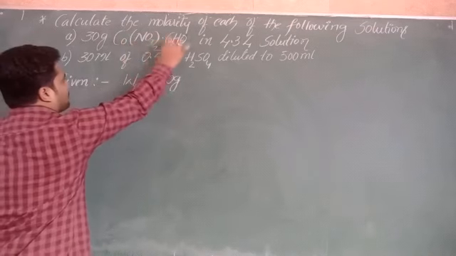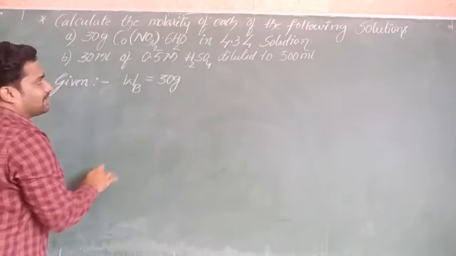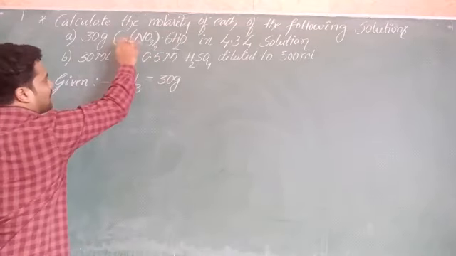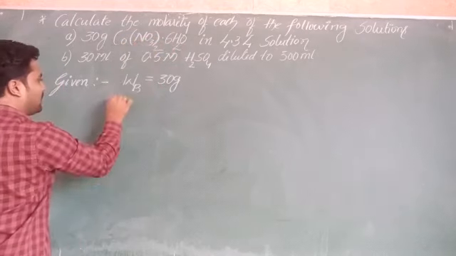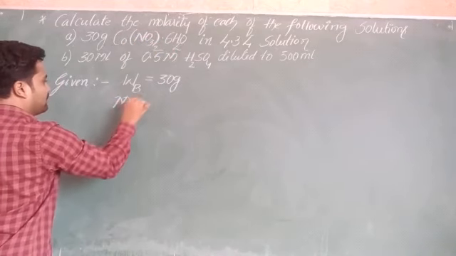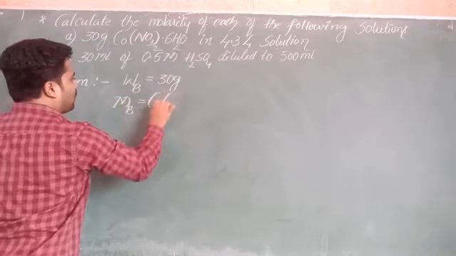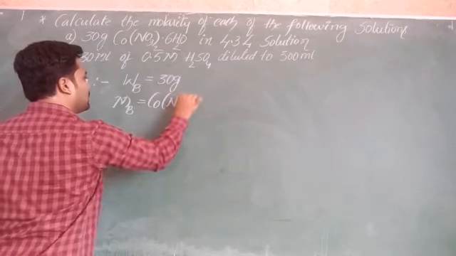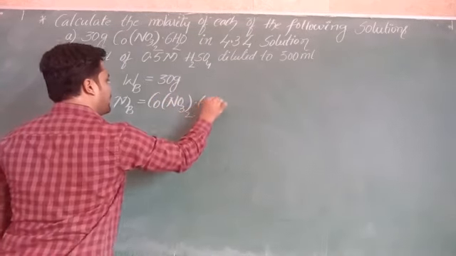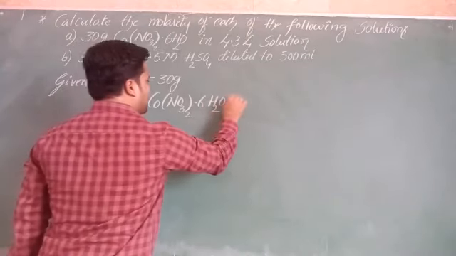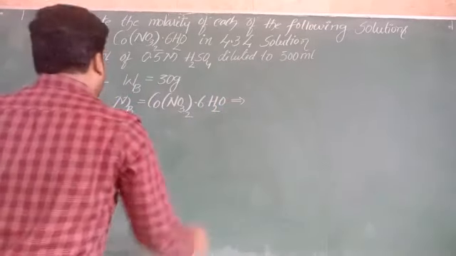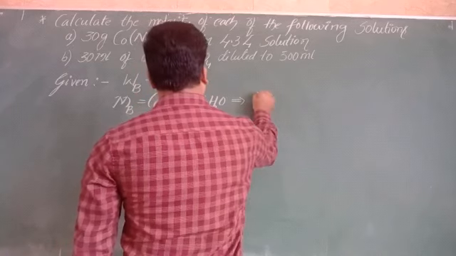Now this is your solute, cobalt nitrate hexahydrate. So you need to calculate first the molar mass of this one. That means MB is equal to cobalt nitrate hexahydrate.